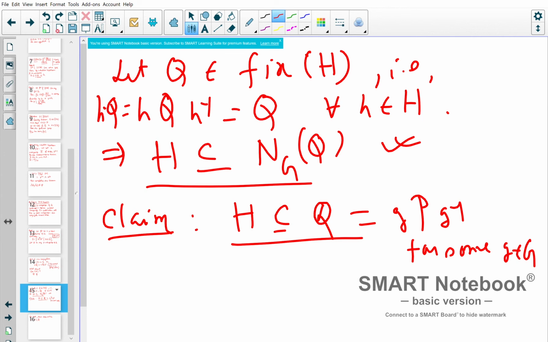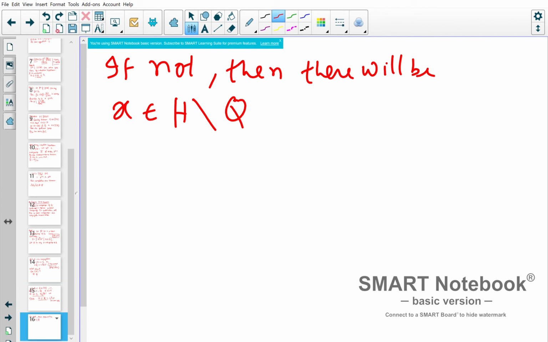That means there is an element of H which is not inside Q. Then the coset xQ is not equal to Q, because x is not inside Q.